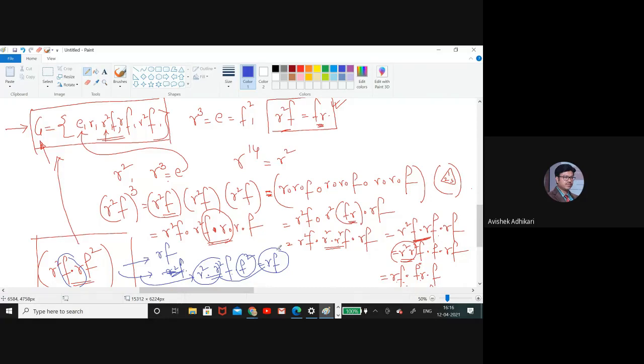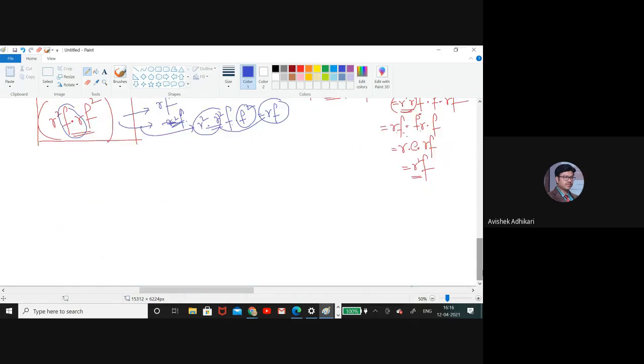So now you have some confidence that it might form a group. And really it forms a group, because using this you can draw the Cayley table. For example, you can start with this table.